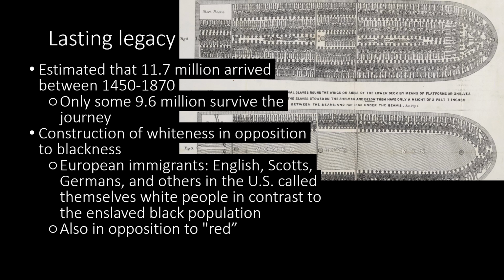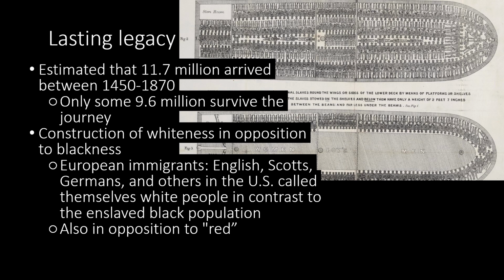For example, the Anglo-Saxon English, or the English that see themselves as Anglo-Saxons at this time, consider themselves white, but they don't consider other European groups who later decide to come to the colonies during the early colonial period to be white. In many cases they consider them on par with the Native American groups and with the enslaved African populations.